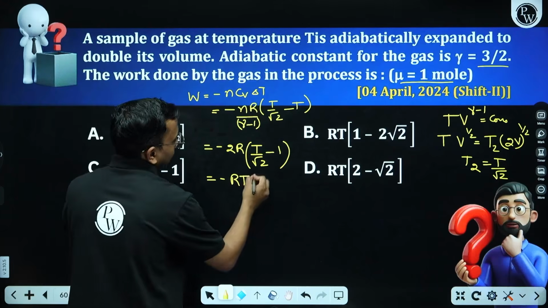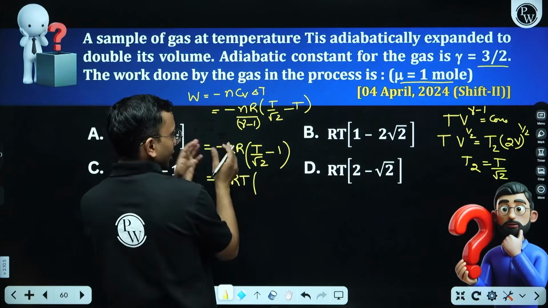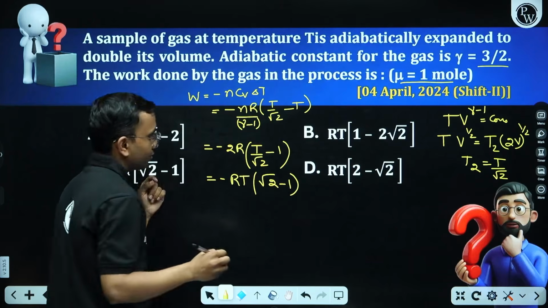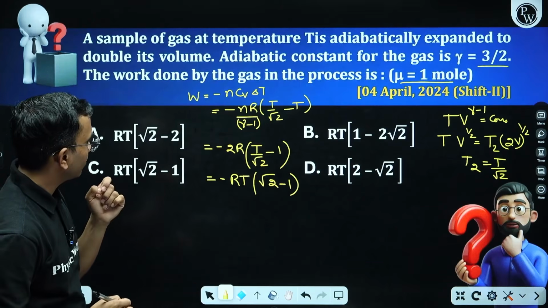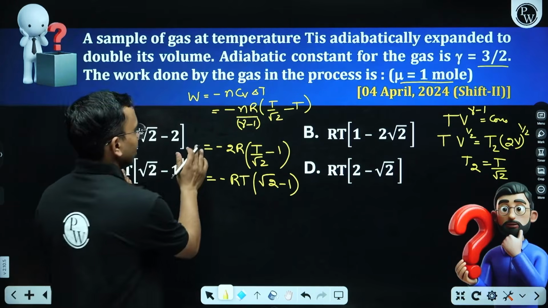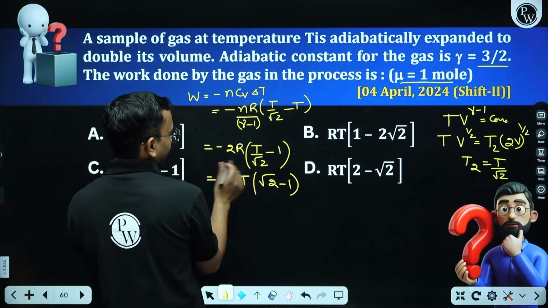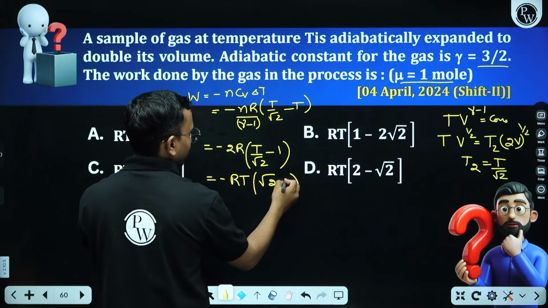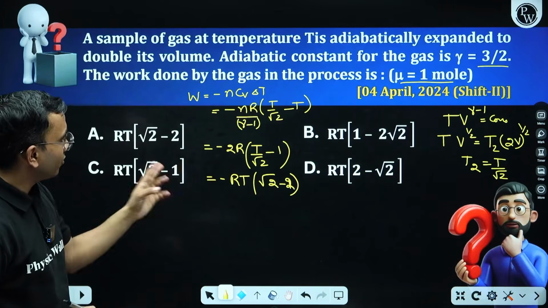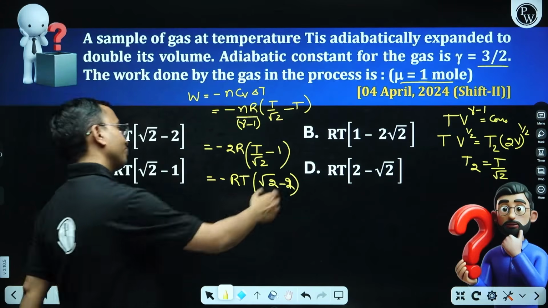If you take 2 inside, root 2 minus 2, sorry, not 1. Now it is fine. Root 2 minus 2 with a negative sign, so this will become 2 minus root 2.